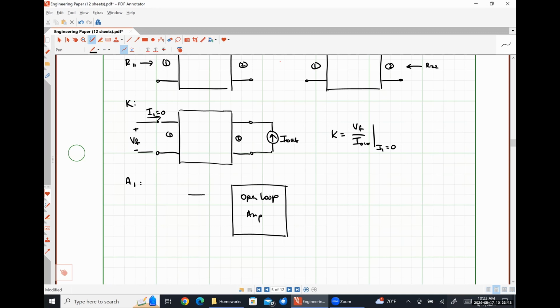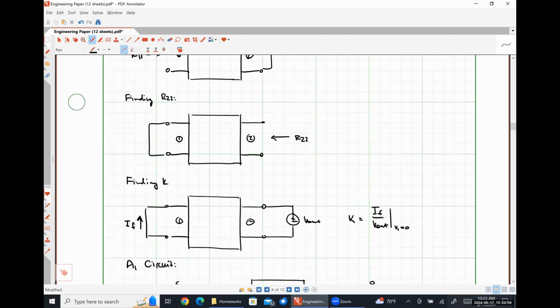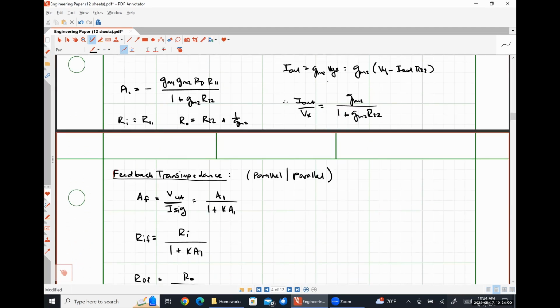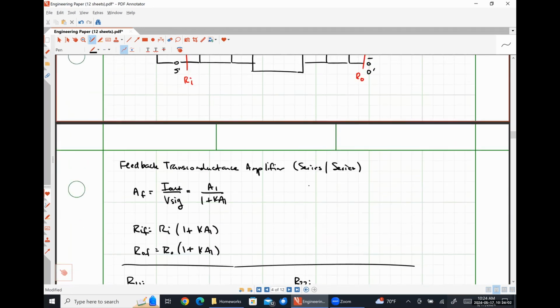Okay. How should R11 be connected? Sorry, too far. Series.